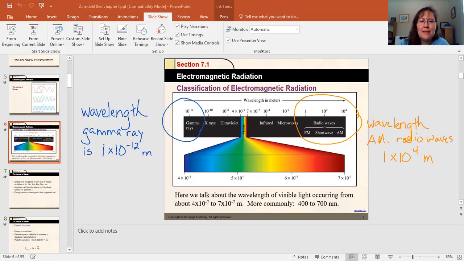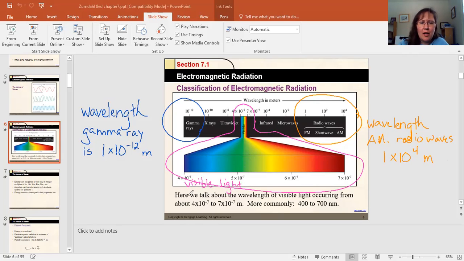And here in the center, right here, you can see this lovely rainbow of color. This right here is our visible light spectrum. And that's what we can see.